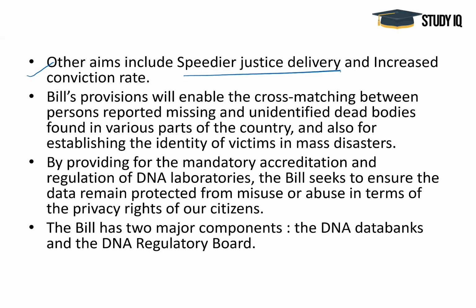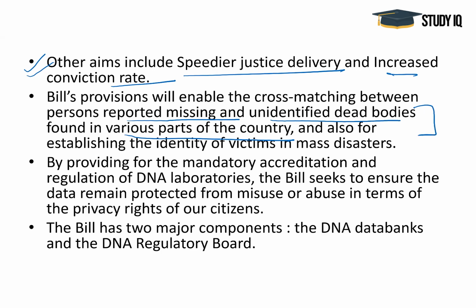Now, a speedier justice delivery system and increased conviction rate, because earlier people who used to get rid of a case because of lack of proof, here the conviction rate will improve. And cross-matching between persons reported missing and unidentified dead bodies found in various parts of the country, here also they can get help.